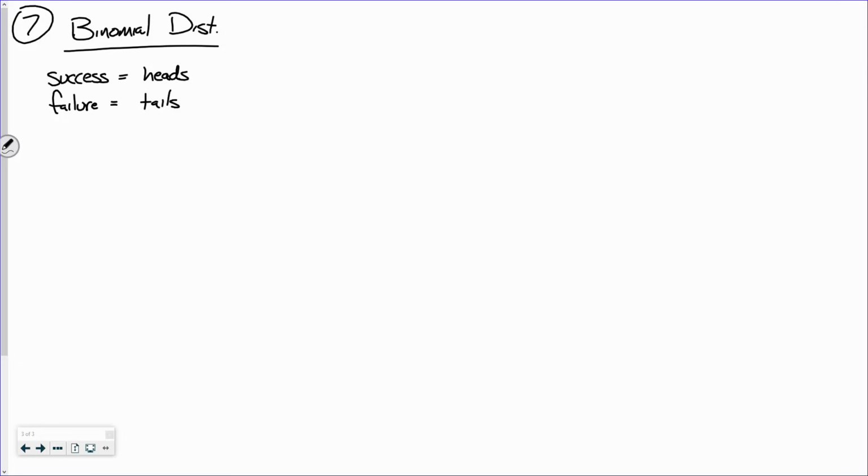Help me out going through the manual. What are P and Q? What's little p? P is the probability of success. Now this is a fair coin. So what's the probability of success, which is the probability of heads? 1/2. What is Q?